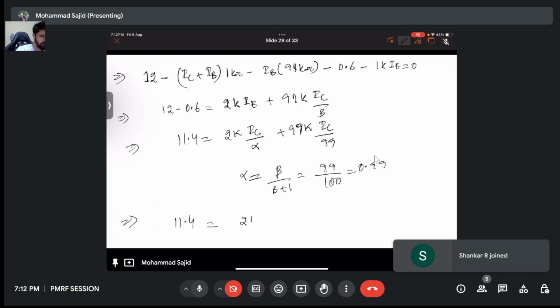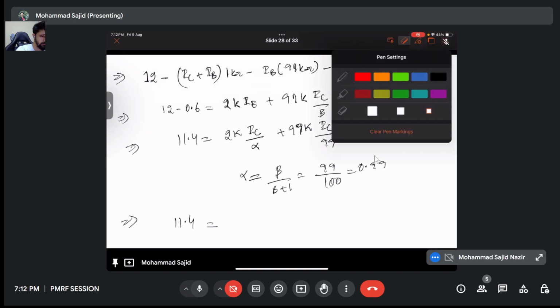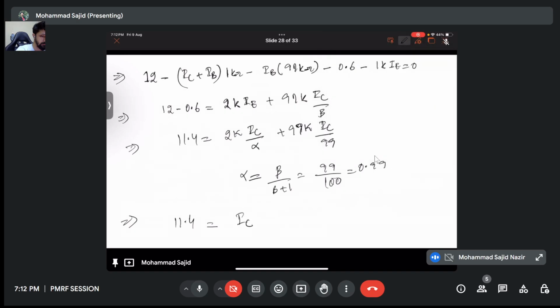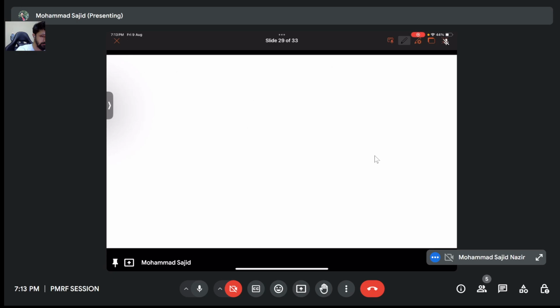So let's move forward. If I take IC as common, multiplied by 1K, I get 2 by alpha plus 97 by beta. Alpha is 0.99. Calculate this value, and you will get IC of 3.8 milliamps. So now that you have IC, again I will just quickly write the KVL.